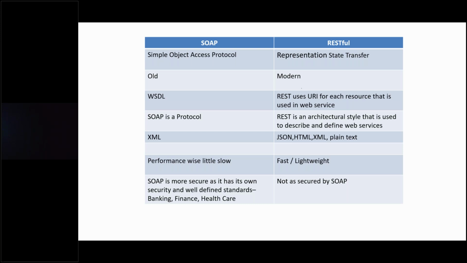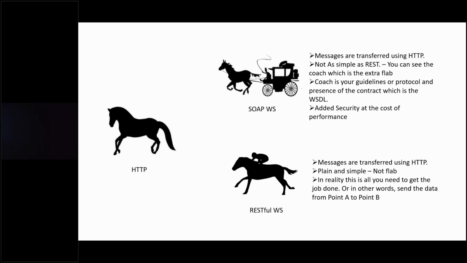Let's look at this short example. The idea is to deliver a message from point A to B, or from one component to the other. If we look at SOAP, you see there is a horse, and there is a cart, and there is so much overhead on this.